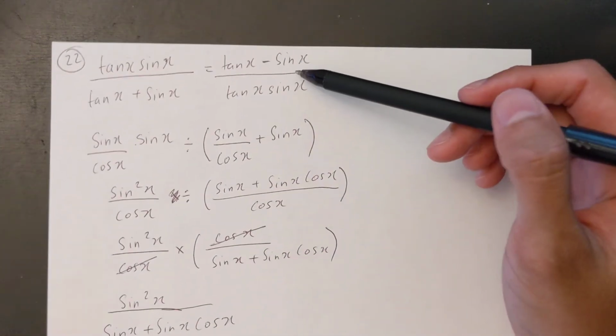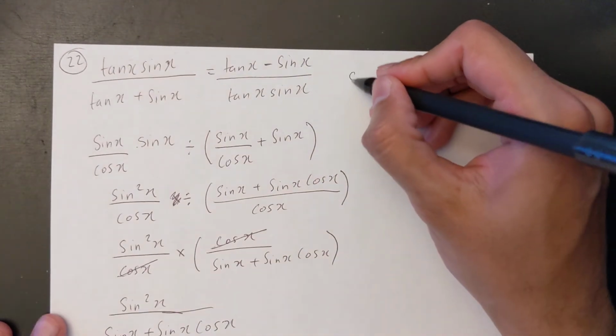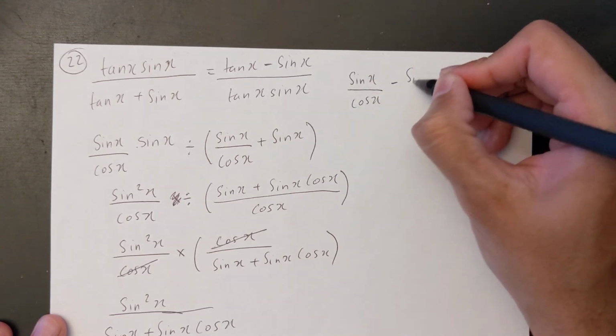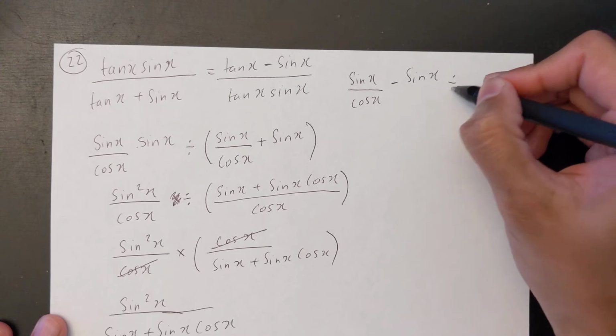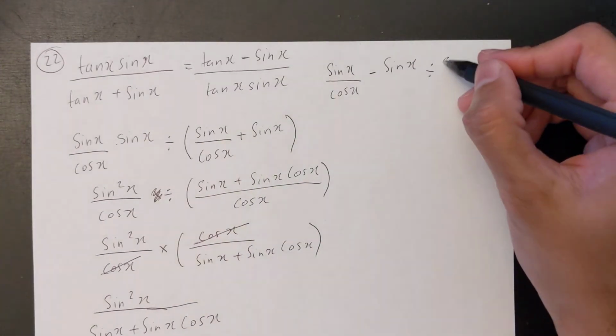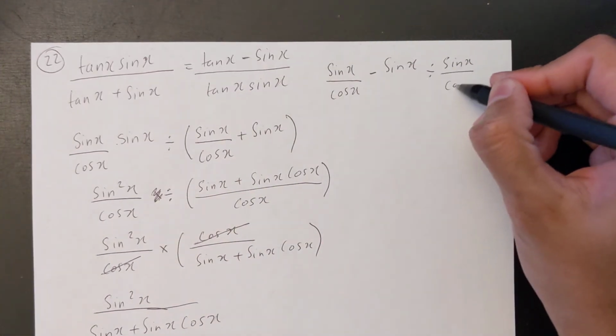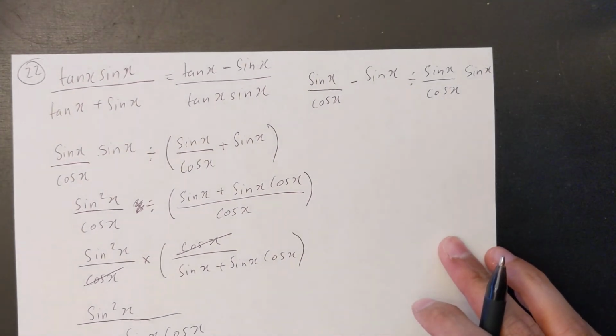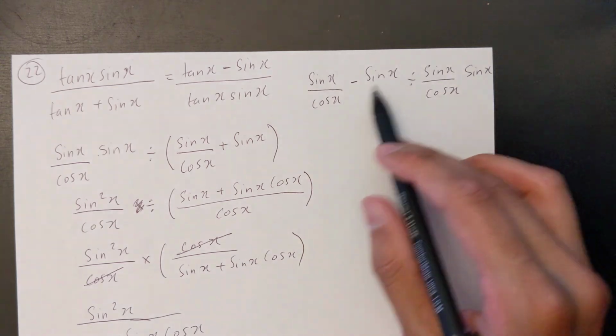So I'm going to start with this. I'm going to change tan x into sine x over cos x minus sine x divided by tan, which is just sine x over cos x, and then you have sine x. I'm going to make a common denominator.